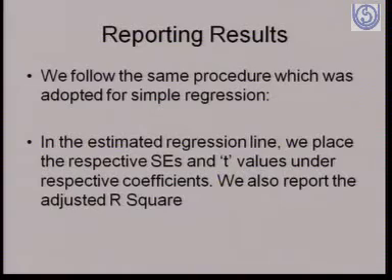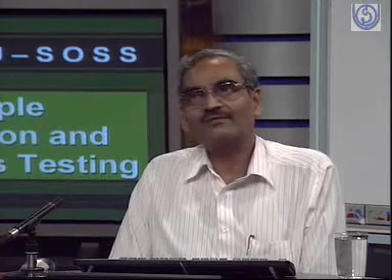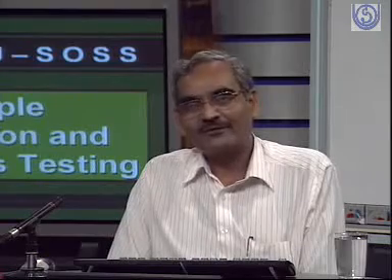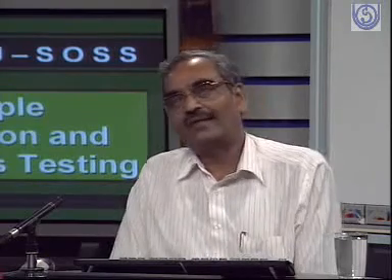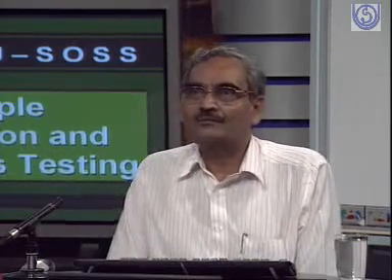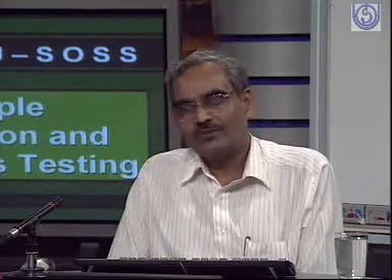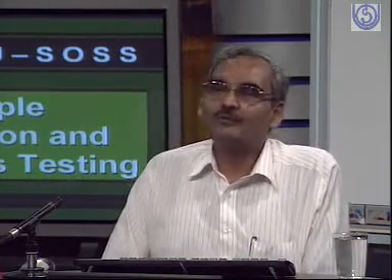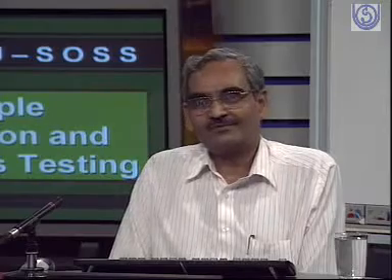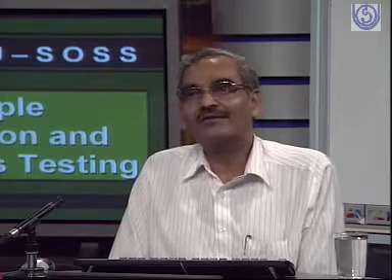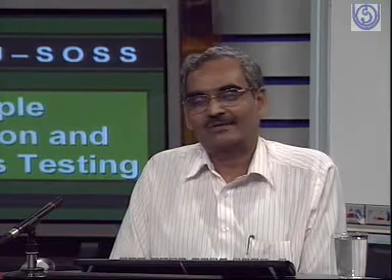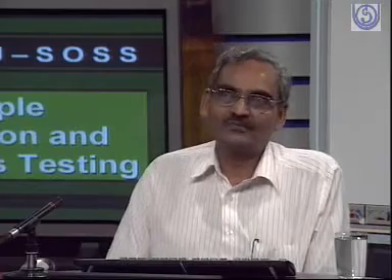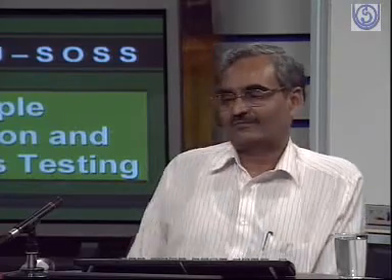Then plus B1 x1 and two brackets, one for standard error, the other for t value, and then plus B2 x2 underneath two brackets. On the side we will be reporting R square, R bar square and degrees of freedom both. That will complete the presentation of the regression results.